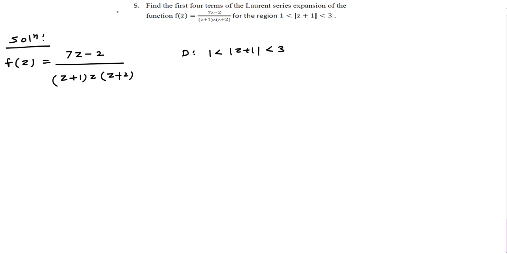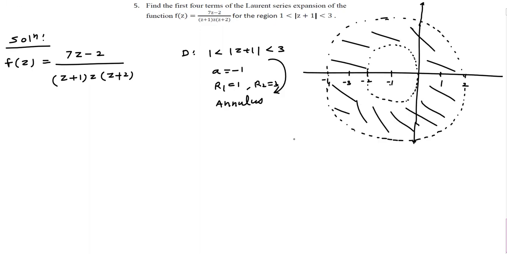So the center here is a = -1, and the radius r1 is 1, second r2 is 3. So we can say this region is an annulus. So its diagram will be, so this is our required domain, that is 1 < |z + 1| < 3.